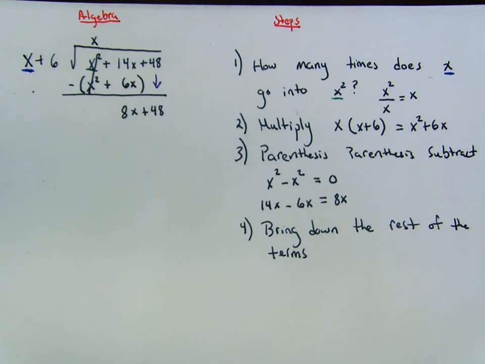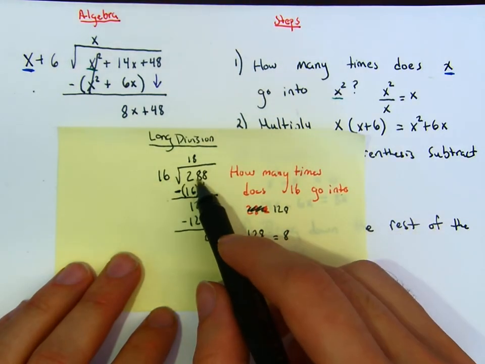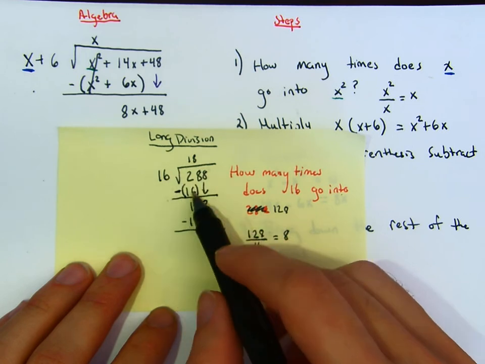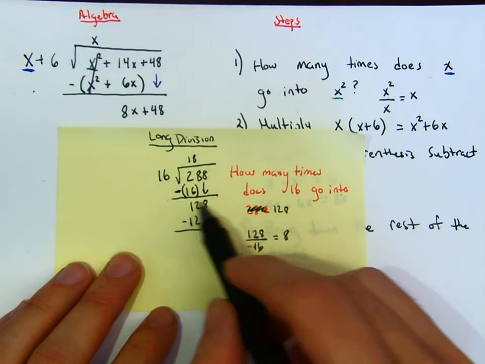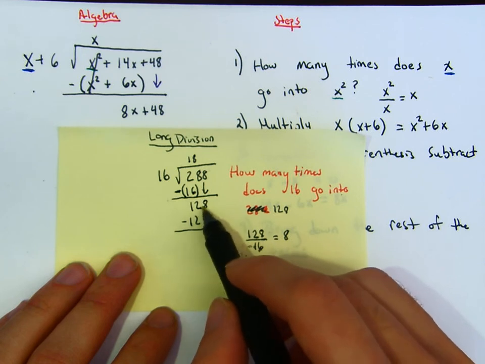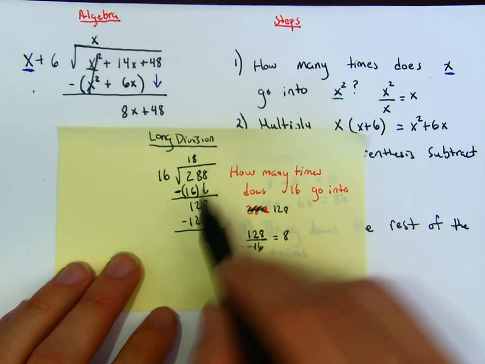Okay. And now, how do we continue? Right? Just like we did before, we said, how many times does 16 go into 28? It went 1 time. 1 times 16 is 16. Parentheses subtract. Then you had 128 here. And what was the next question you asked yourself? How many times does 16 go into 128?